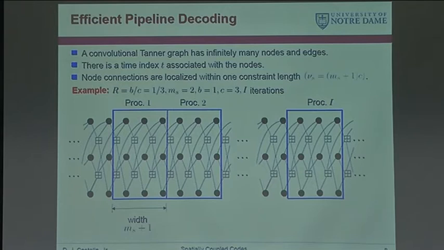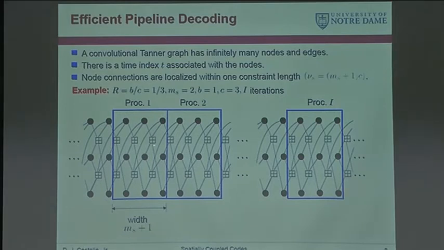Okay, in the unwrapping procedure, each constraint length is a replication of the previous one. So every one of these processors would be identical, and they would cover exactly one constraint length worth of nodes. And so it could be implemented in parallel.